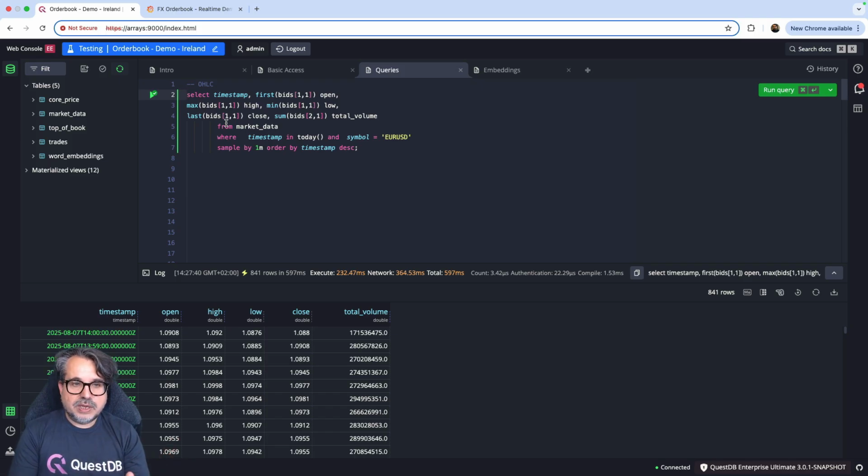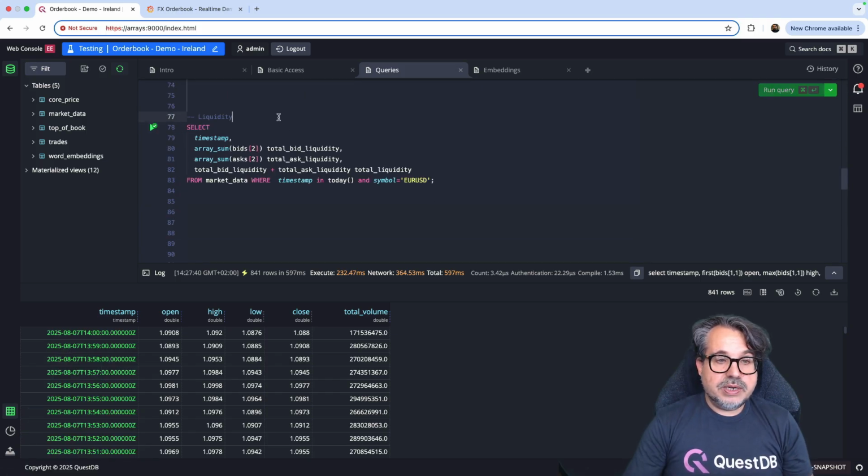But this is just for you to get the idea. So finding the bars with data in an array is as simple as accessing the first position of the array and then just doing aggregations as you would expect. Arrays support everything. You can run group by, sample by, where conditions, joins, window functions, anything supported for a regular column in QuestDB is supported for an array.